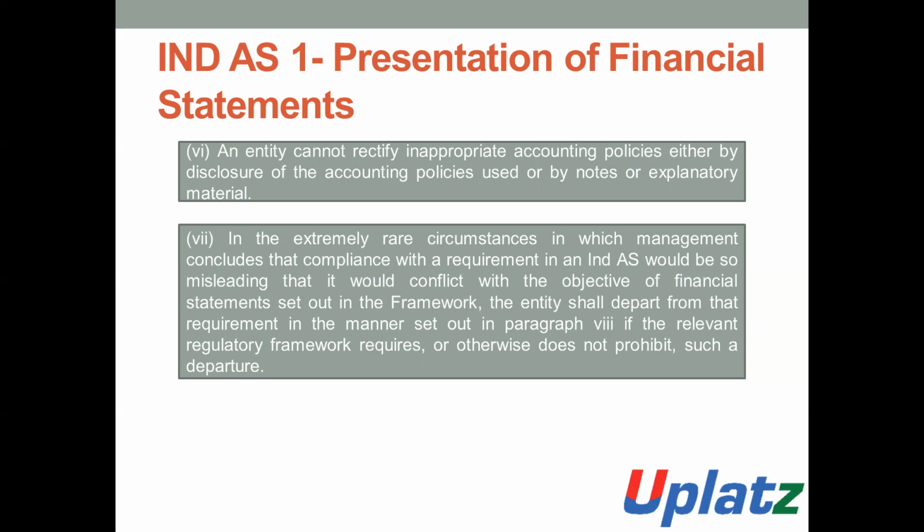When any organization wants to rectify any inappropriate accounting policy, there is a procedure which is to be followed by such organization. Only disclosure of such changes is not sufficient.